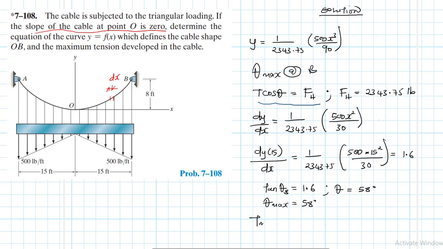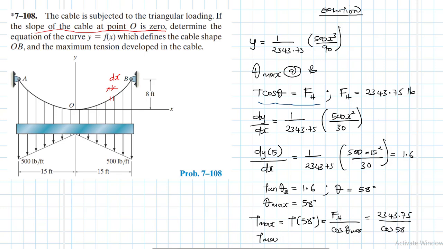Therefore, T max is going to be equal to FH divided by cos theta max, which is equal to 2343.75 divided by cos 58.